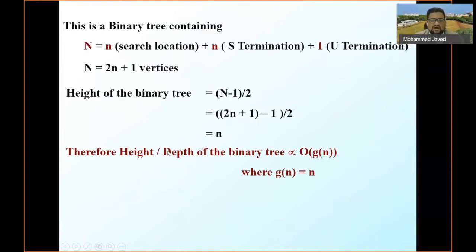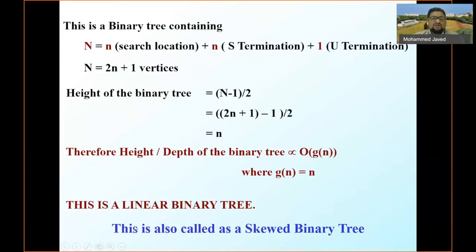Therefore the height or the depth of the binary tree is proportional to O of g of n, where g of n is equal to n. So this is a linear binary tree, and more specifically, this is also called a skewed binary tree, because the elements are added on this particular side, in a skewed fashion.